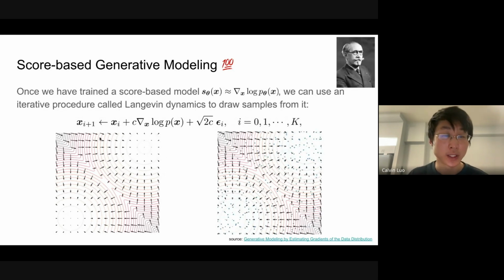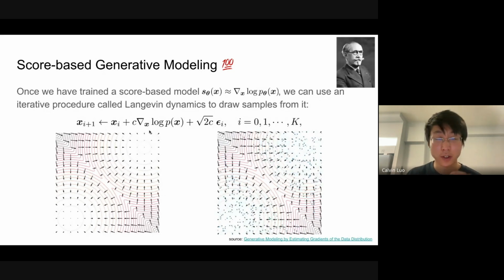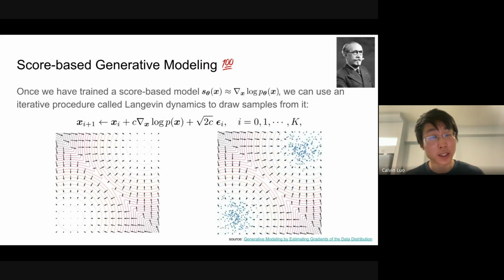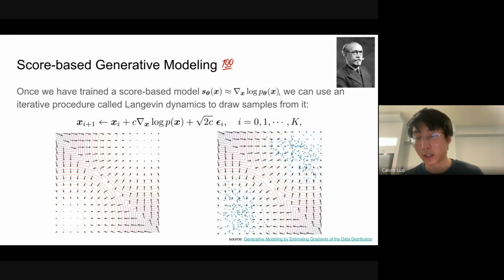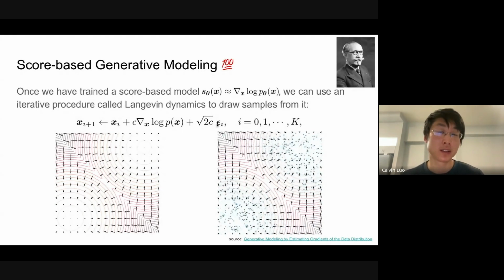We can start from any arbitrary x_i, maybe a point in the space, and from there, to move towards the area of higher likelihood, we just follow the learned score. The first two terms say that for any point in this data space, we should just follow the score computed for that x_i, and that will bring us to something more likely, a cleaner data sample. But we also add this scaled epsilon term.